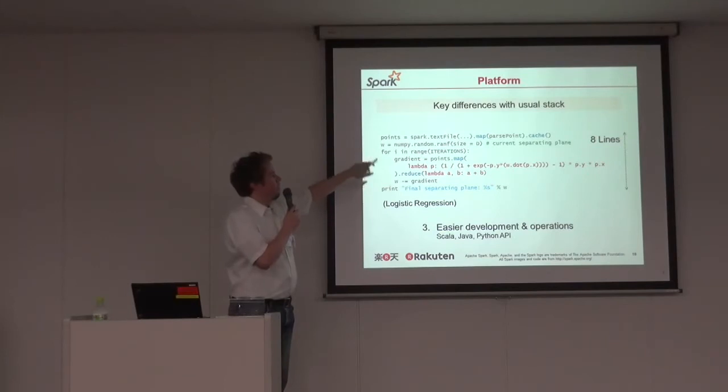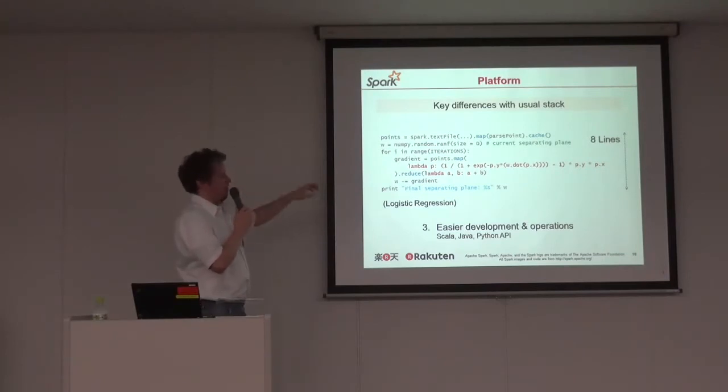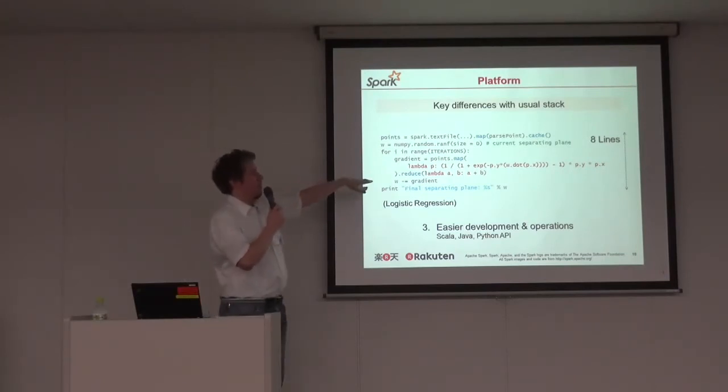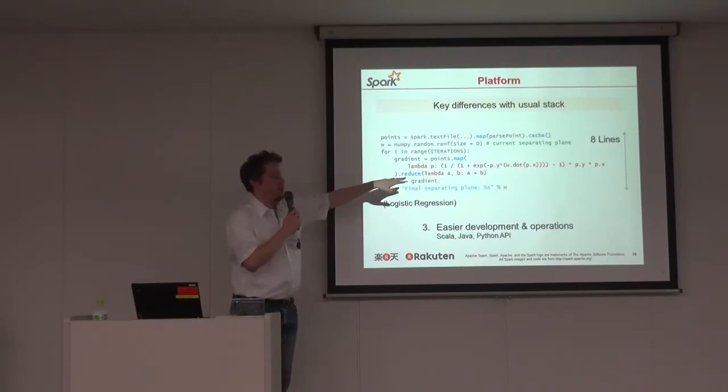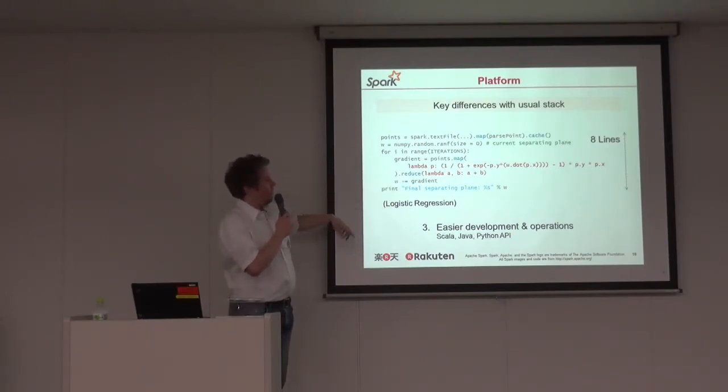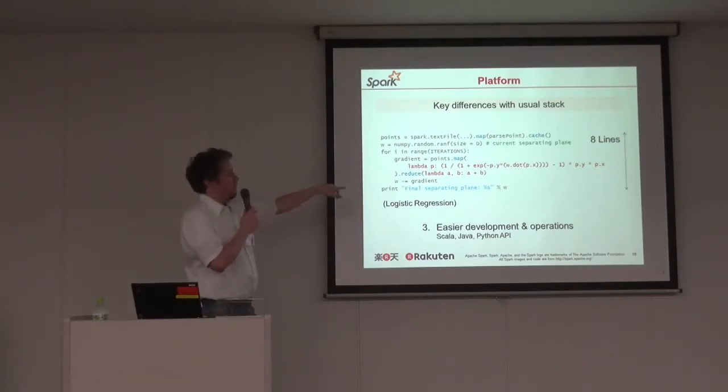You just define the gradient as a mapping of all the points with partial update. Then you reduce, and then back on the main node where you started this operation, you just subtract that from the hyperplane, and then at the end of the operation you have your model.